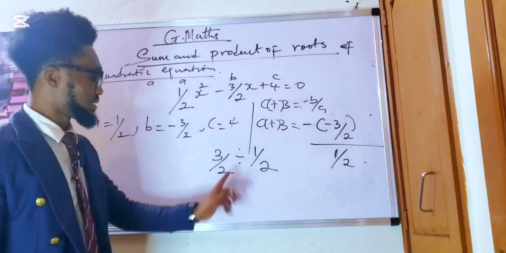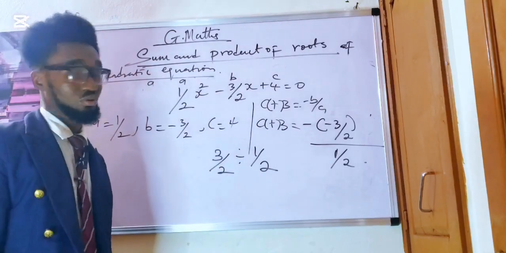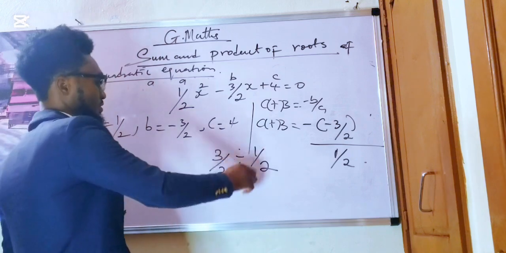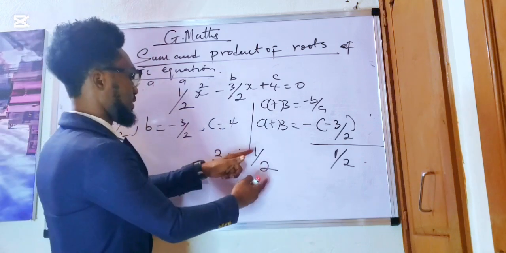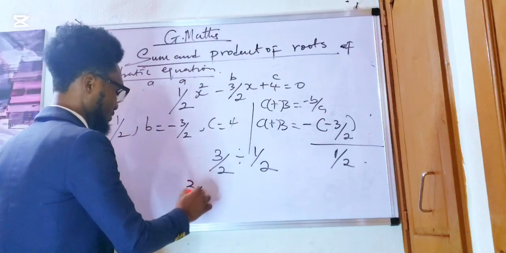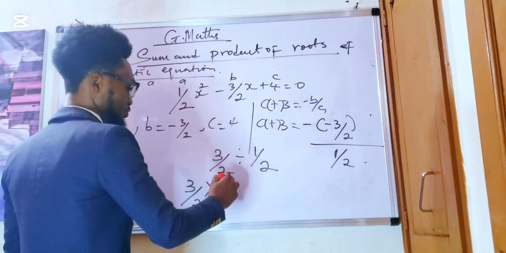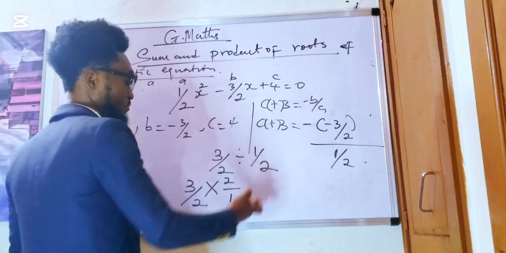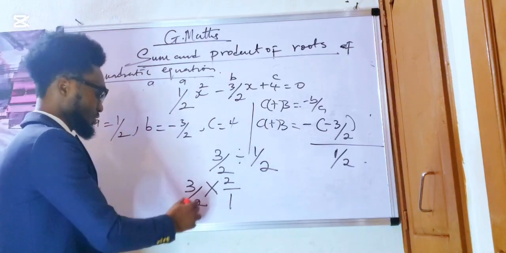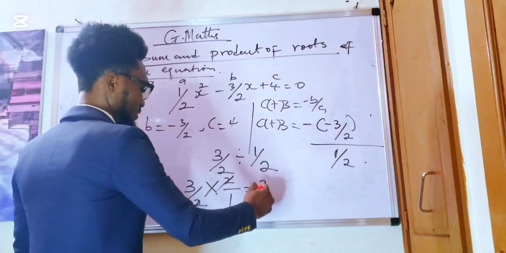In primary 6, I believe you were taught how division works. So when we are cross dividing, the value here reciprocates. So when we have 1 over 2, when cross divided, it becomes 2 over 1 instead of 1 over 2. So this cancels this. We are left with 3 over 1.